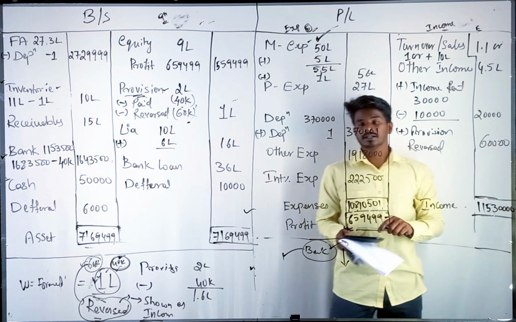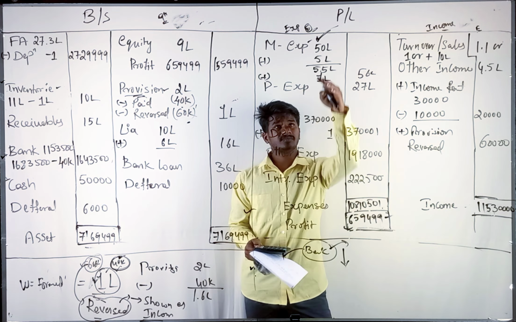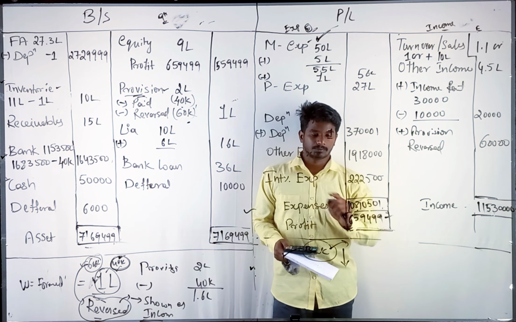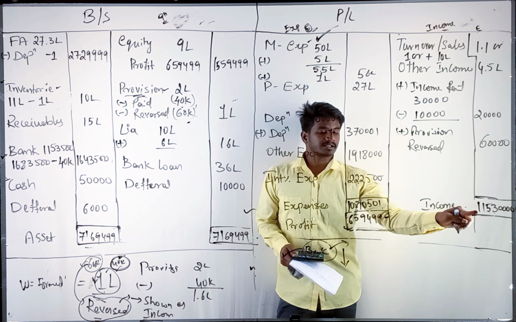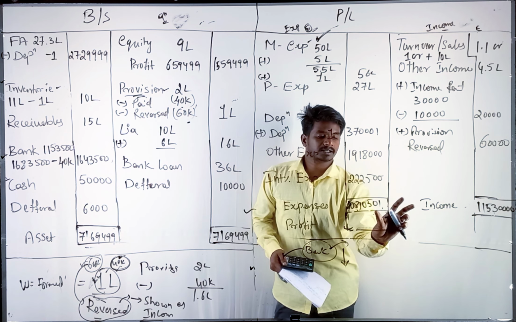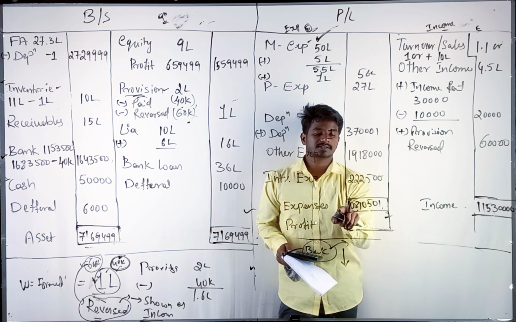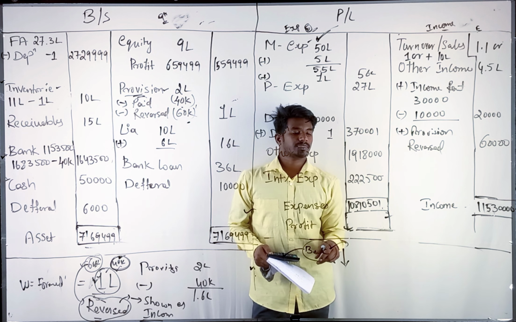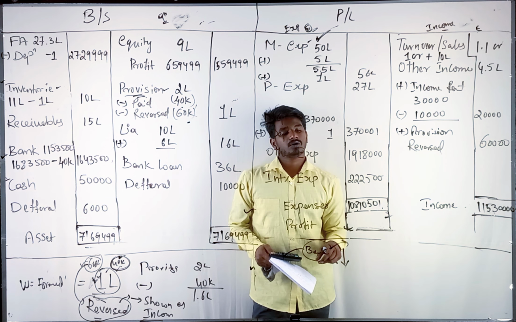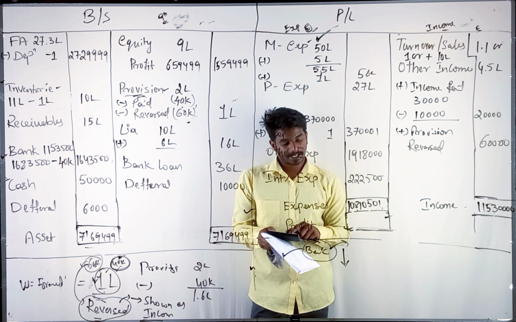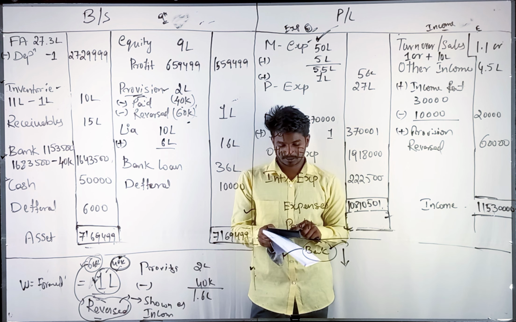Fine. From income, if we minus, there is no change in the expense side, right? Did we change anything? No, there is no change. Out of this income, if we minus the expense, how much is the total expense? It is 1 crore 8 lakh 10,501.